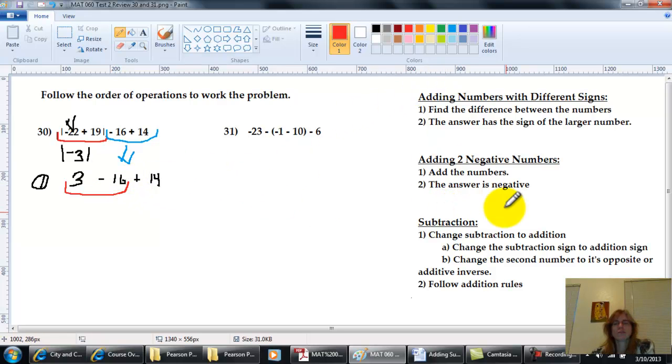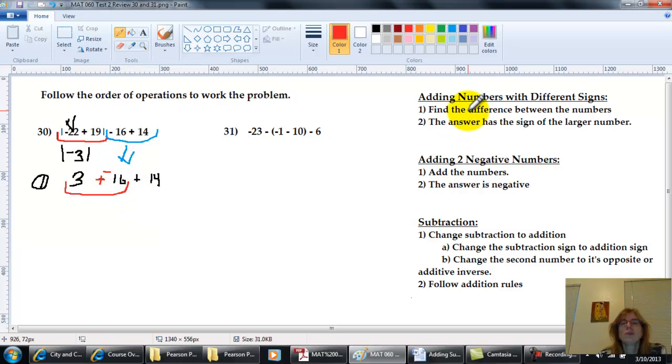It's subtraction, so for subtraction you change it to addition, but we're not done. Step 2 is that we change the second number to its opposite. So we have a positive 16, so it turns into a negative 16. So what we're really doing is adding 3 plus negative 16.